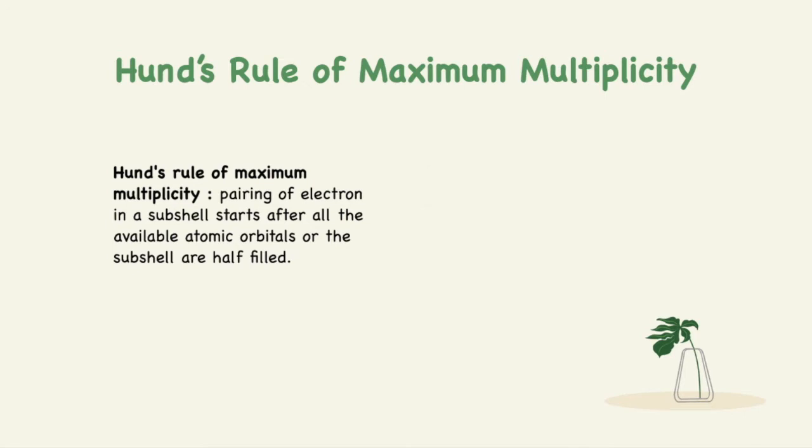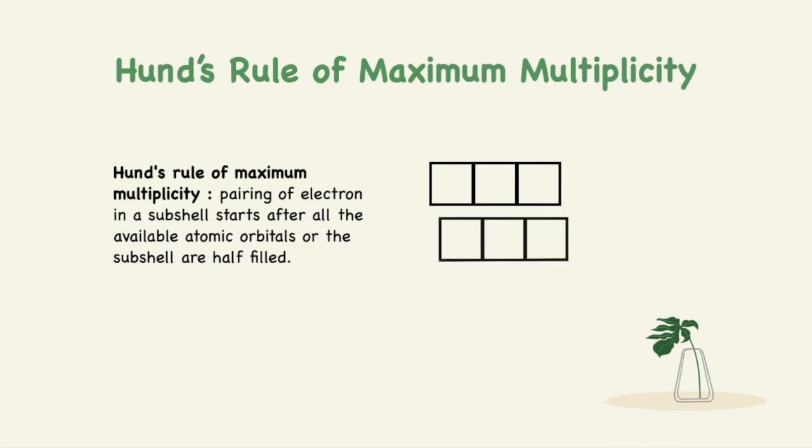For example, we have a p orbital. The wrong way is pairing the electrons first. It is wrong. We should put in the electrons one by one.